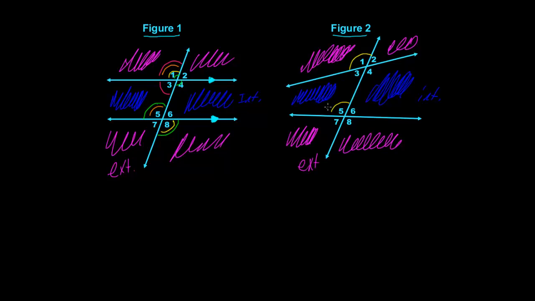They're going to be on the same side, but not both interior nor both exterior. That's going to make them corresponding. Now 1 to 4 will be our vertical. 1 to 3, once again our linear. 1 to 8 the same, 1 to 7 the same, and so on and so forth.